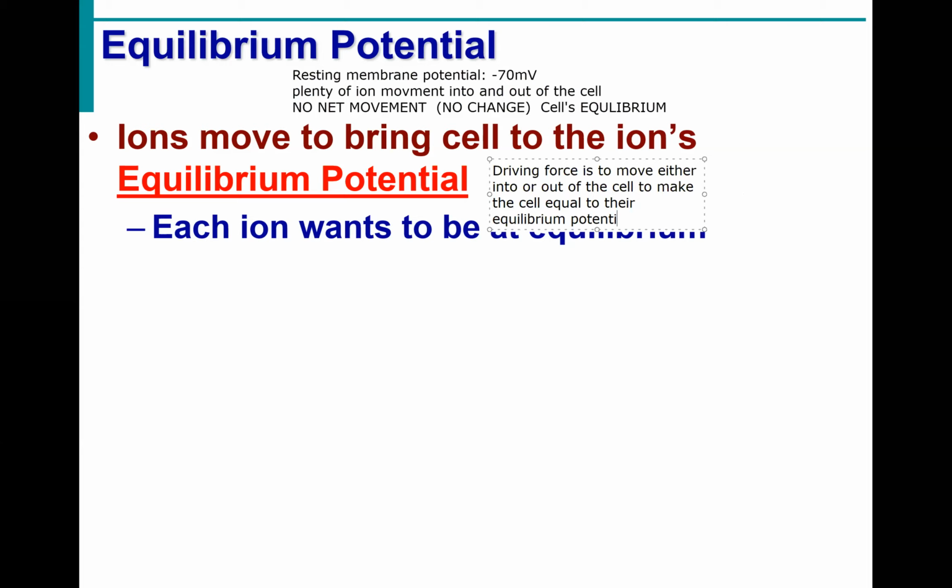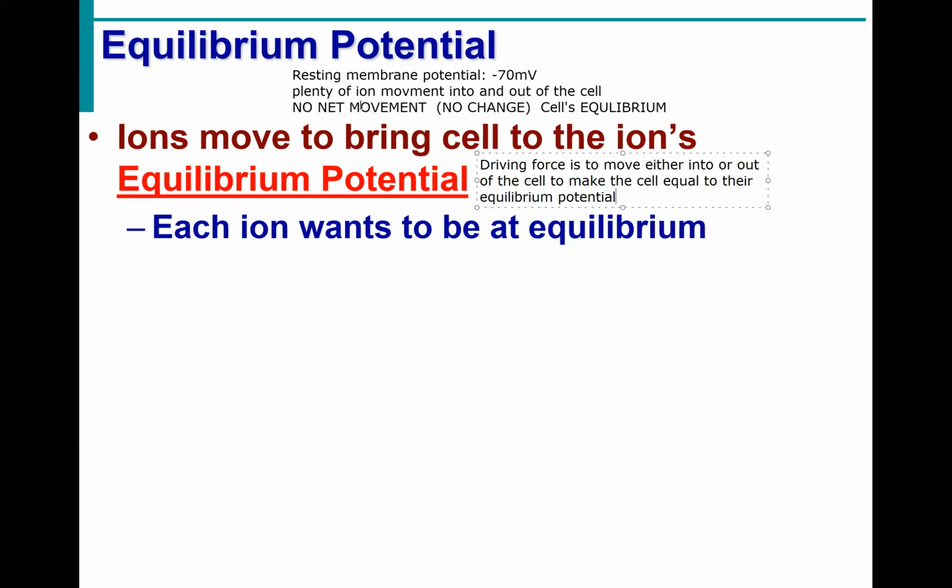potential. And so, of course, if we want to know how an ion will move, we need to know the equilibrium potentials of those ions. And while every ion has one, the two most important ones for us are sodium and potassium.